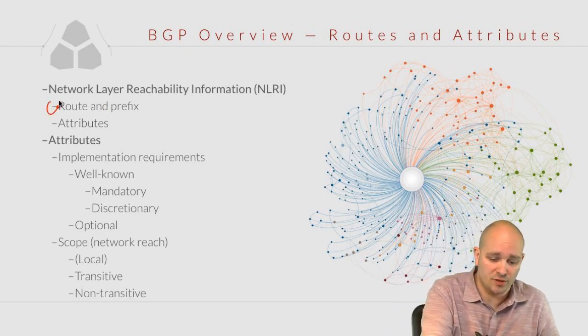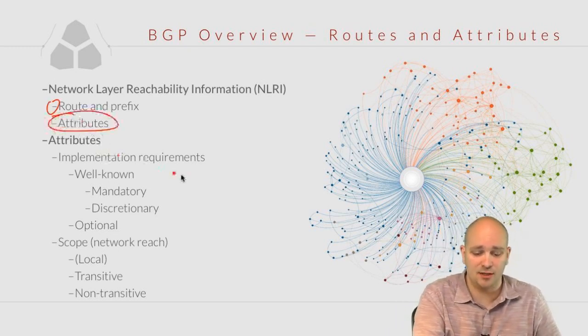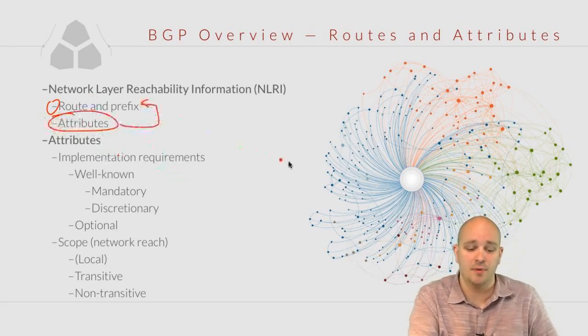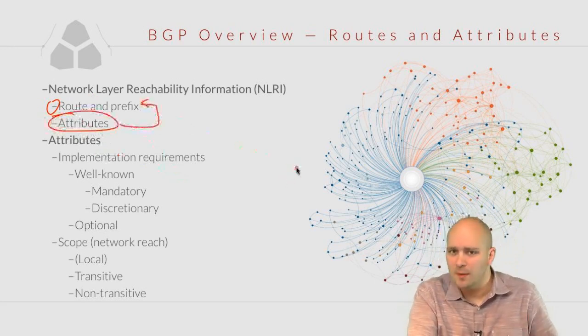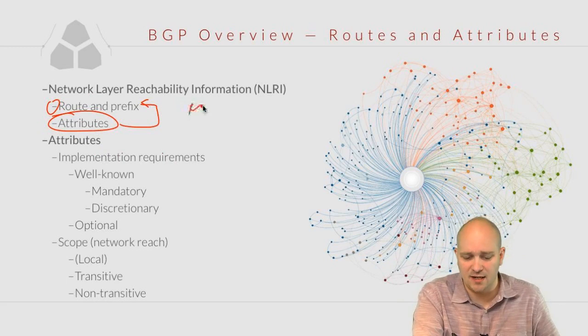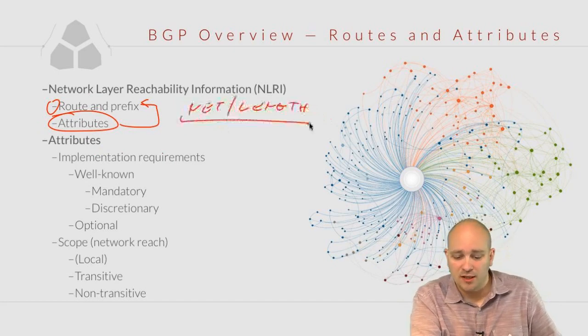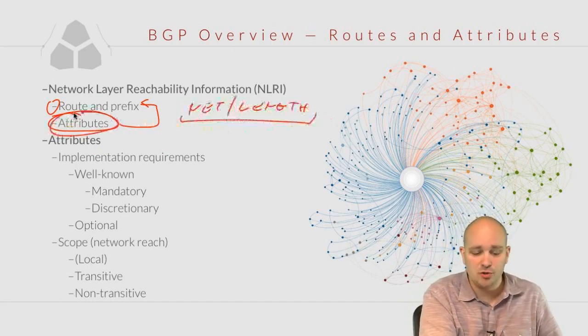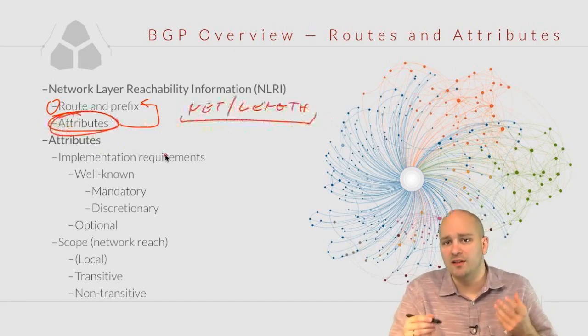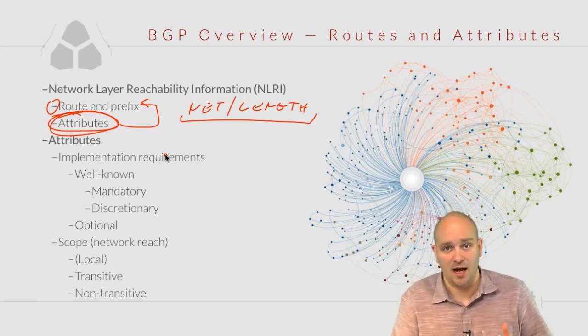One is the route and prefix, and the other one is the set of attributes that describe that route and prefix. What I mean by route and prefix is the network and really the prefix length. So this is what is in the route, and then the attributes is a collection of different BGP attributes.